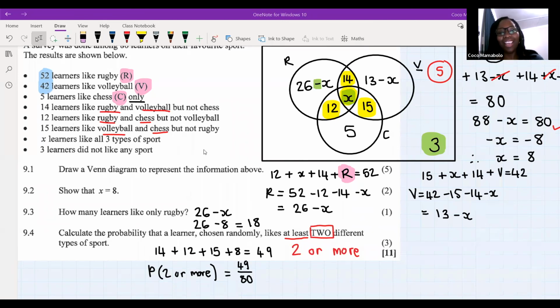Oh, imagine 3 marks down the drain. Yeah, they would probably give you 1 mark, Nick, for figuring out that it's 49 learners, but you wouldn't get any more marks than that because you wouldn't have told them that it's the probability. Ibrahim, if you can help it, unless they ask for a decimal, do not give them a decimal.